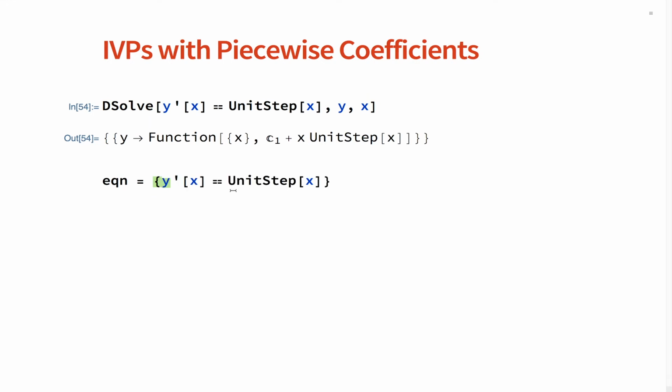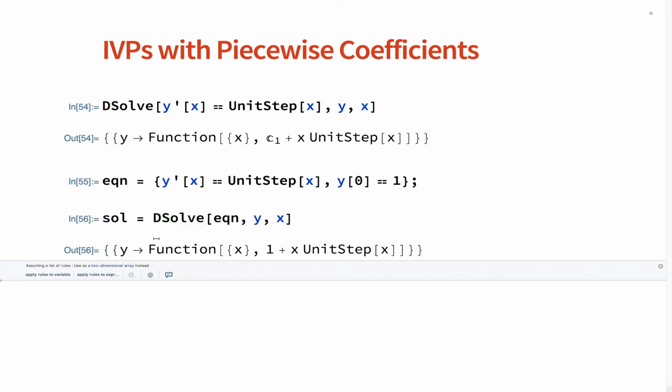And once I have the equation, I can give an initial value of maybe 1 to this, and we can save this as an equation, and then we can find the solution for this by using DSolve, with the equation as the first argument, y, and with respect to x.